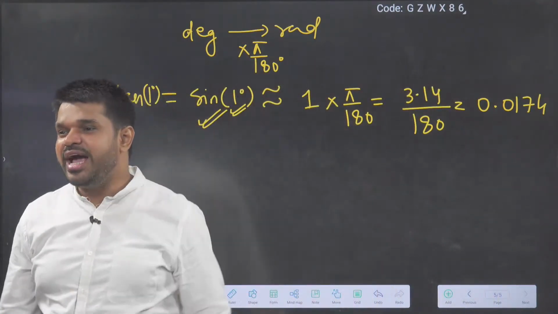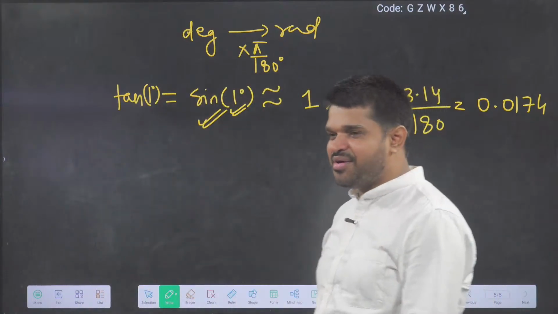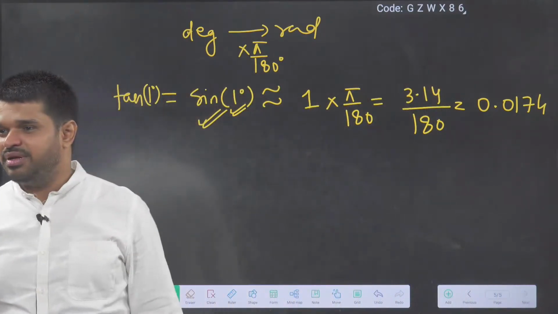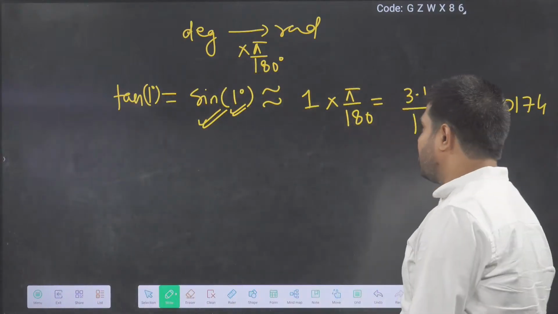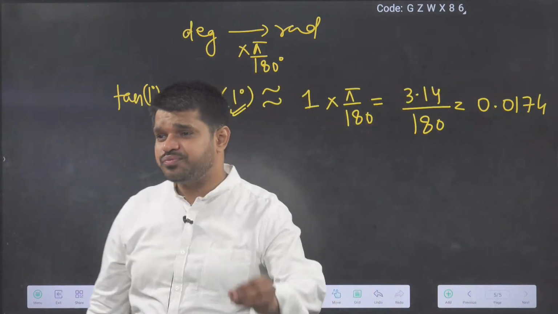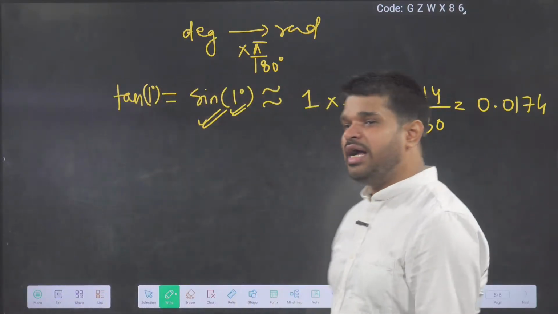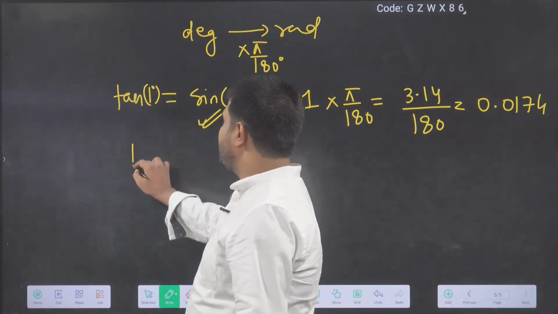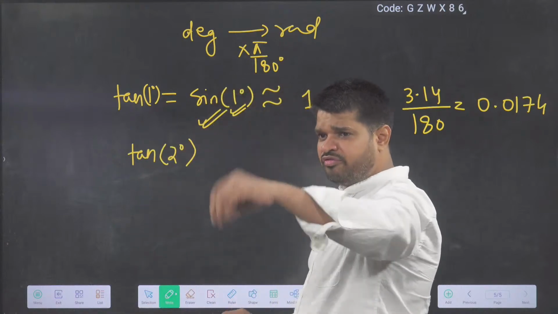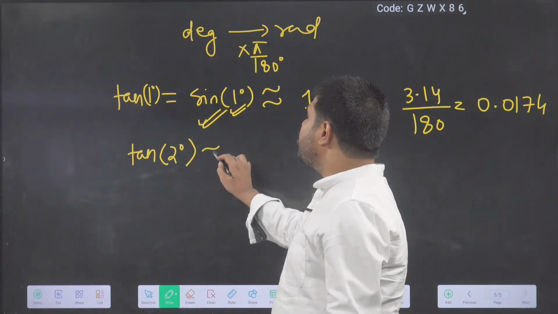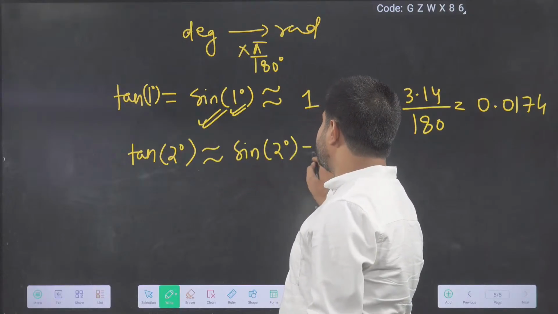Are you getting tan 1 degree also the same? Yes, it is coming. Almost the same. Now let's see tan 2 degree. Check this also. Wait for 1 minute. Tan 2 degree will be approximately equal to sine 2 degree.